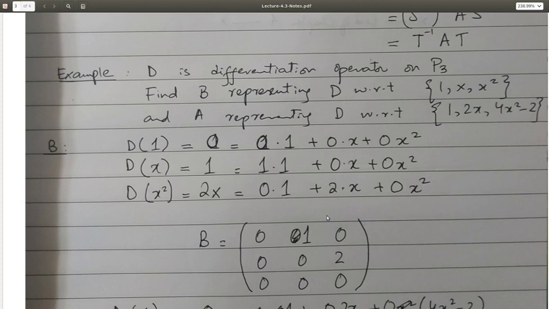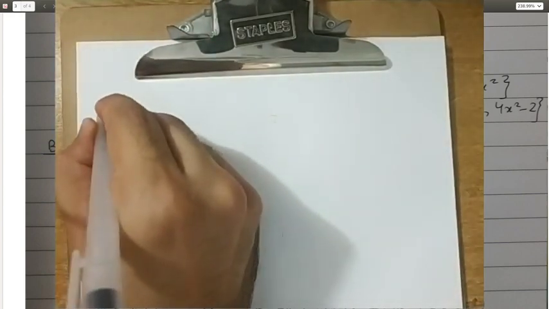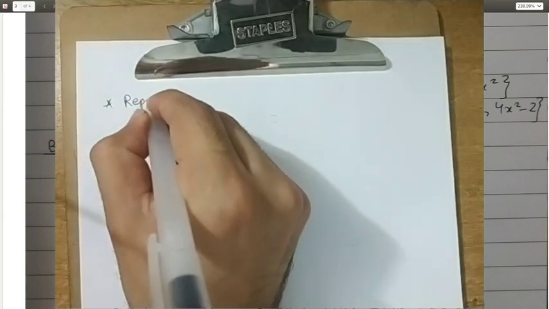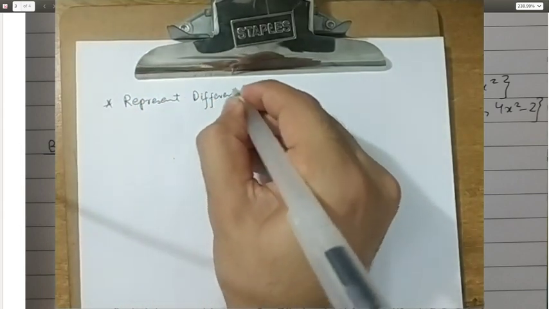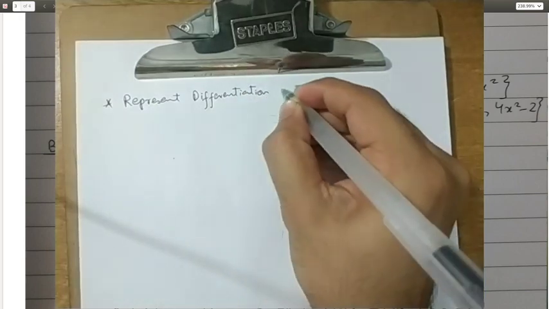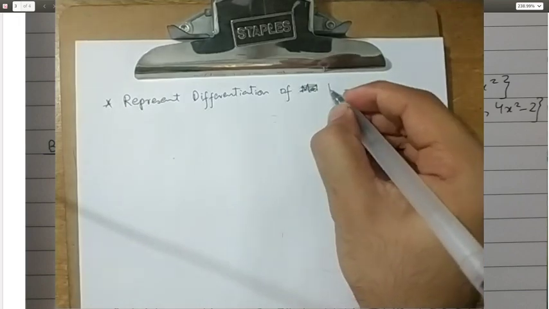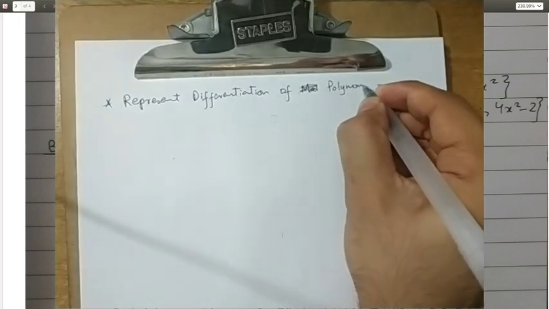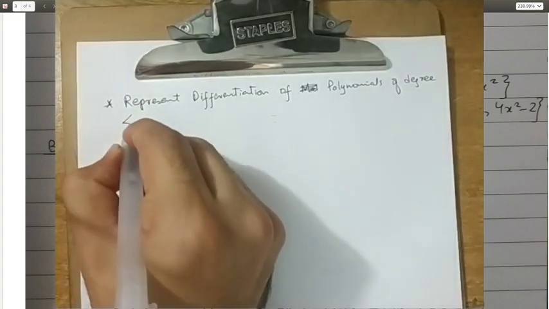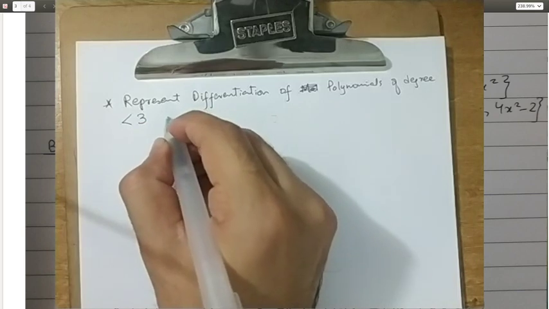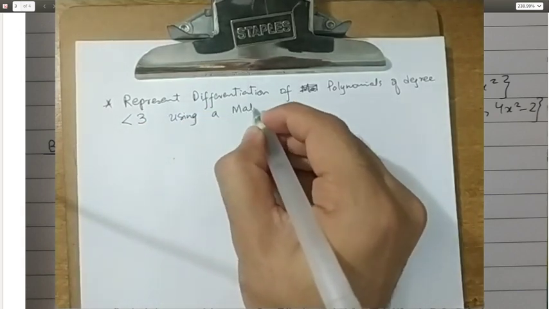So the idea is that we want to represent differentiation of polynomials of degree less than 3 using a matrix multiplication.